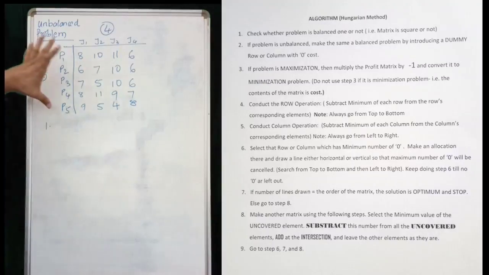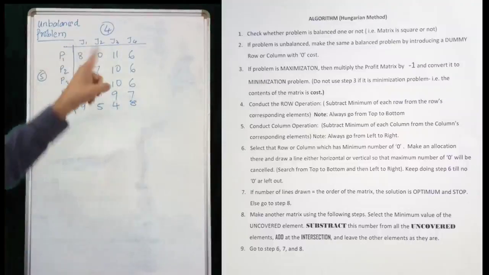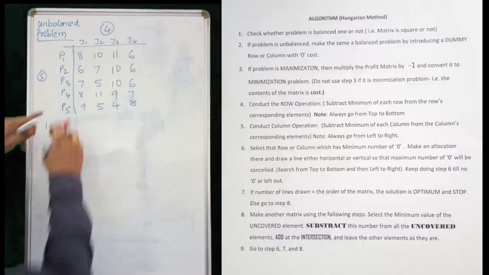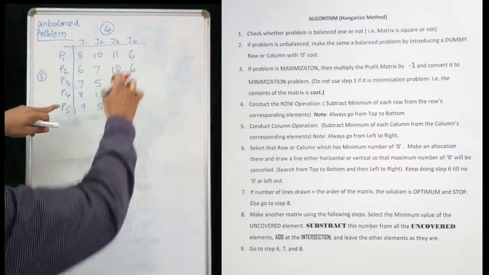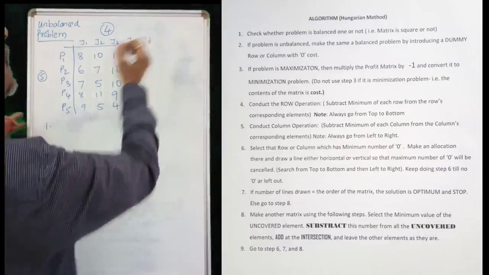It is not, because I have got 5 people and 4 jobs, 5 rows and 4 columns. Hence the problem is not balanced, and I have to make this problem a balanced problem by adding a dummy row or column. Now I have got 5 rows, so one column is short here, right? So I will write J dummy.